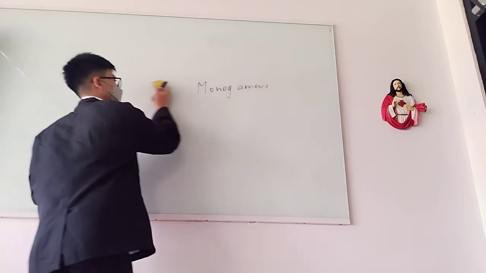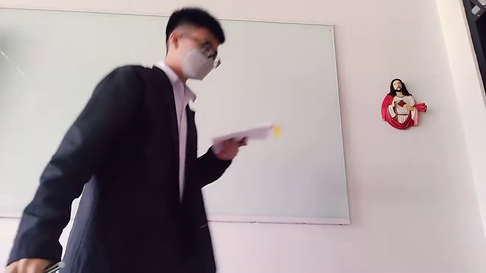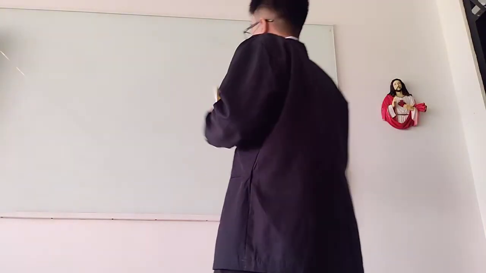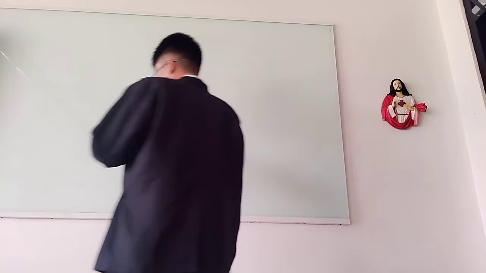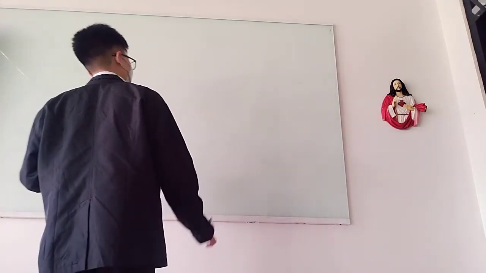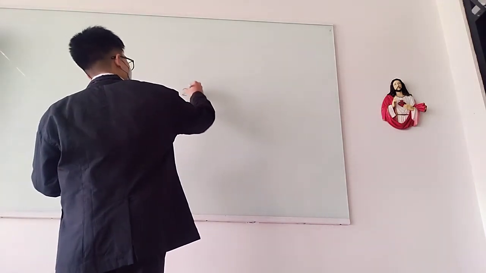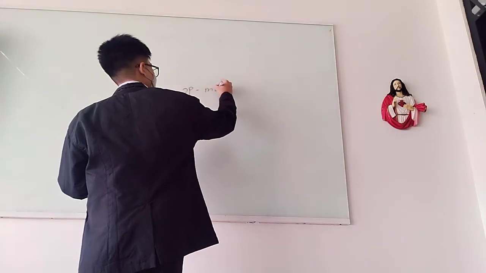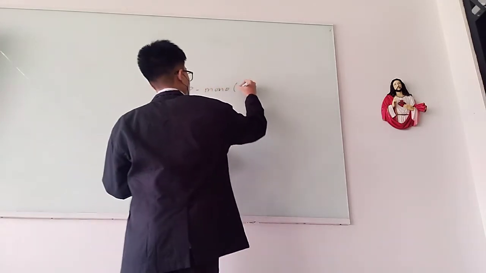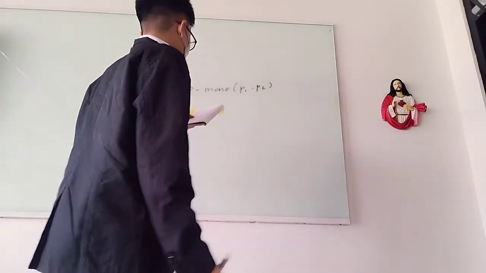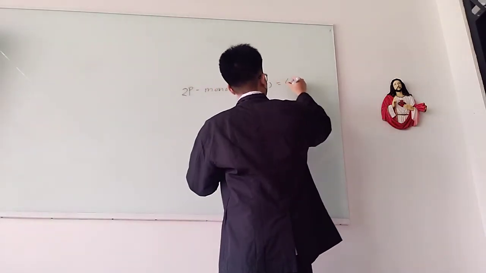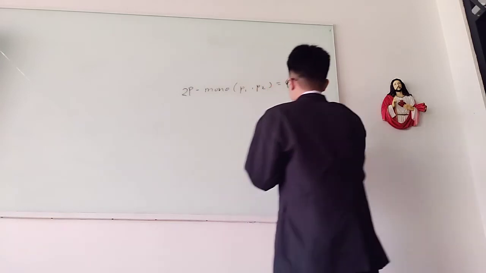Now, what is a monogamous relationship in our context here? Consider our third definition: a monogamous relationship, which we denote 2P mono of P1, P2, is a directed or undirected graph depending on which relationship you have.